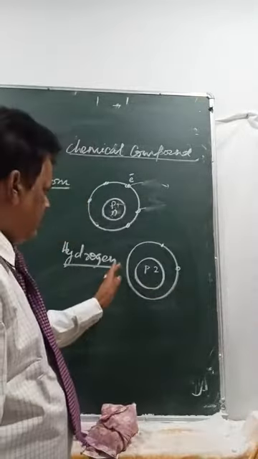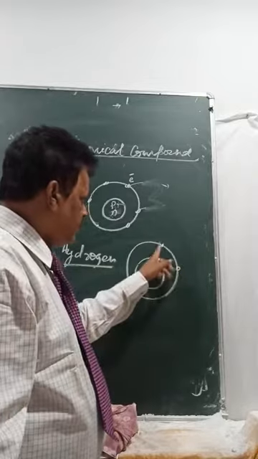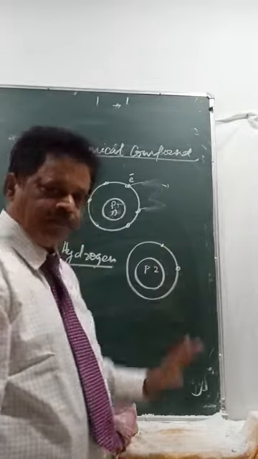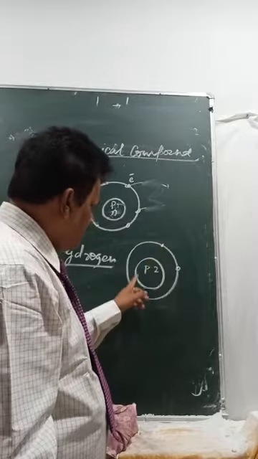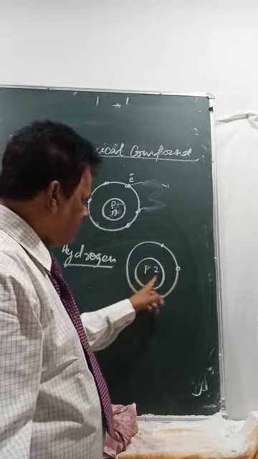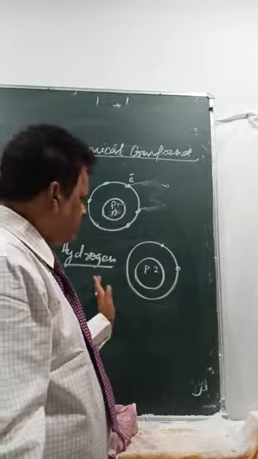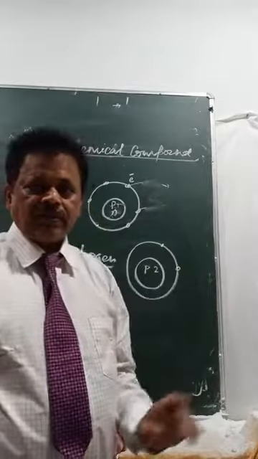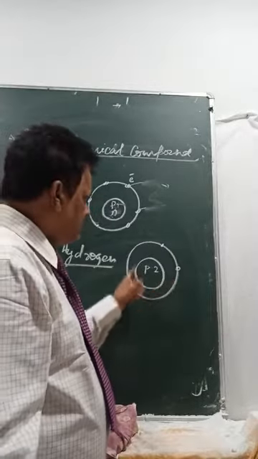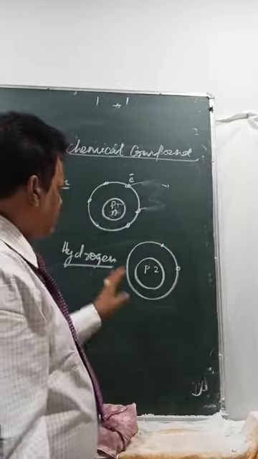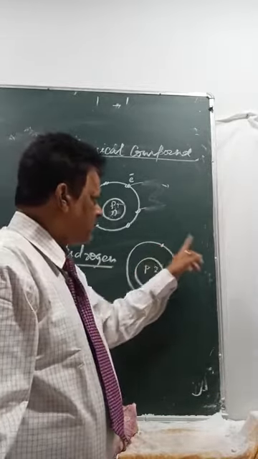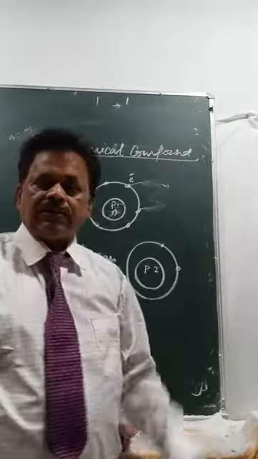When it takes part with something, the electrons move out, because it is easy to take out an electron from the orbit. It is very difficult to take it out from the nucleus. You need huge energy for that. You need very little energy to take out an electron from one place to another. That is why there is always a transfer of electrons from one atom to another atom.